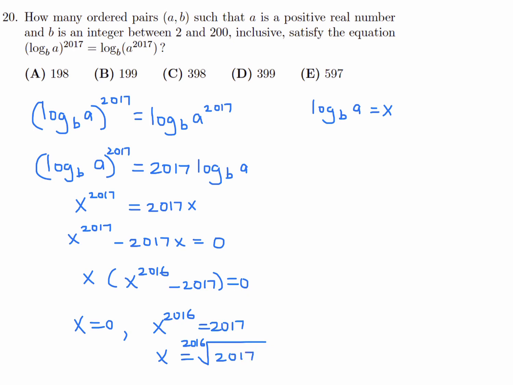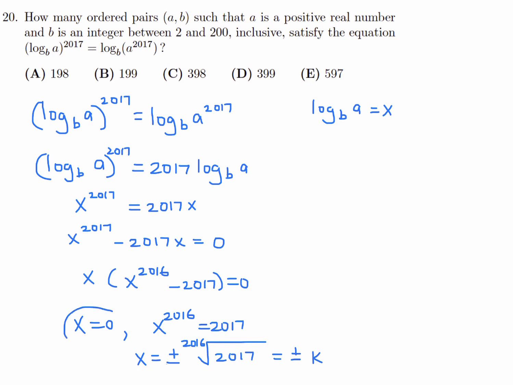Since 2016 is an even number, it's going to be plus or minus some number k. I don't know the value of that, but let's just say it's k.